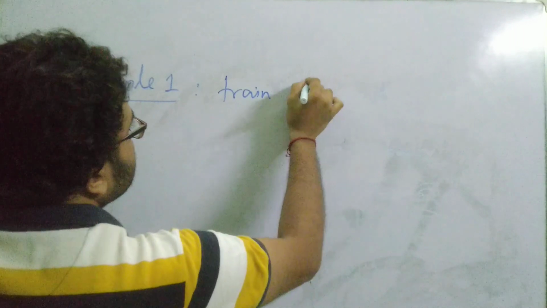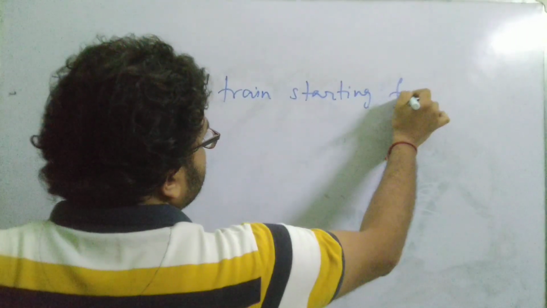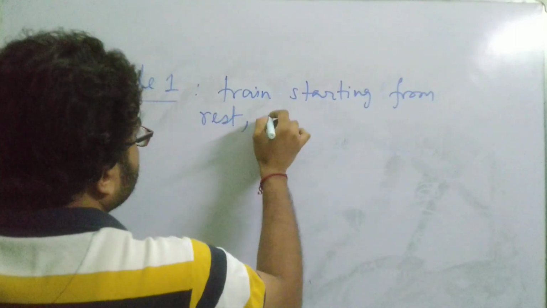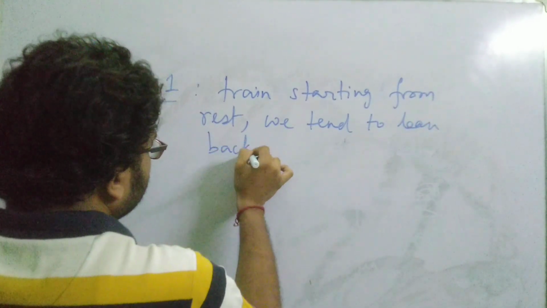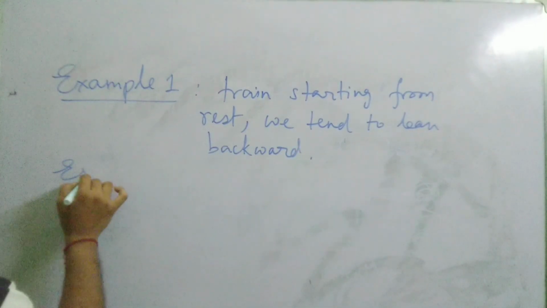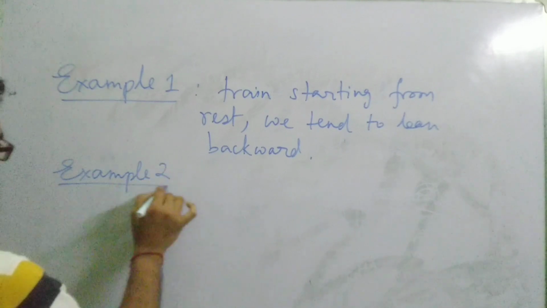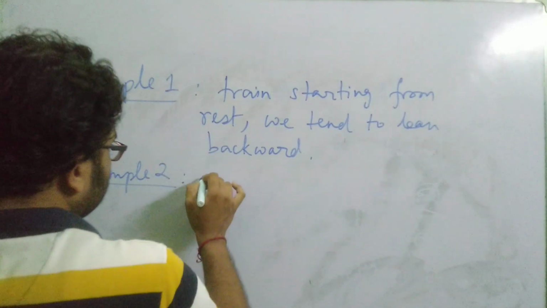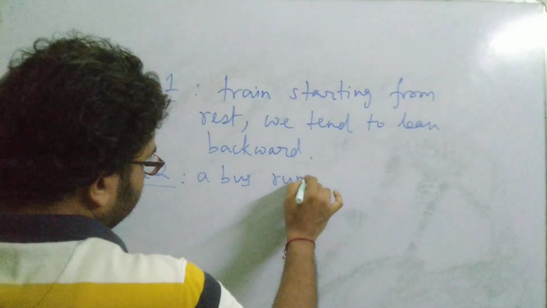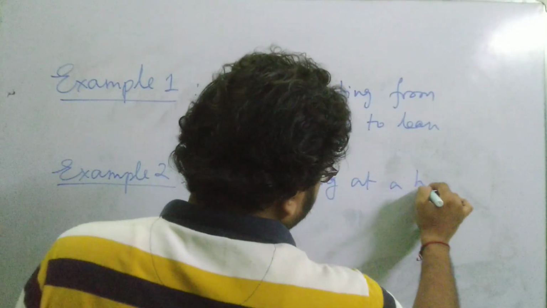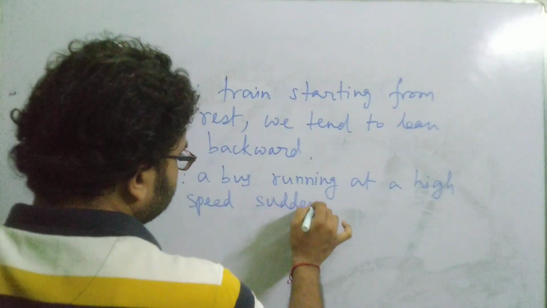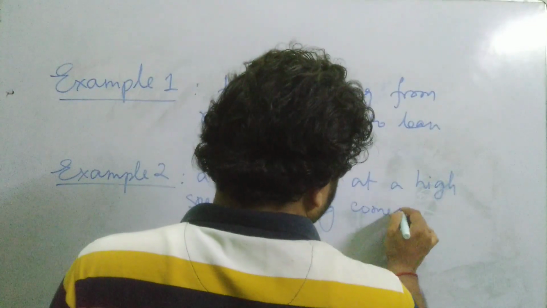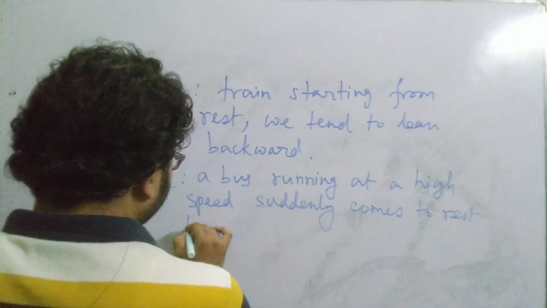So we have discussed one example of a train starting from rest, where we tend to lean backward, and the second example that we discussed is where a bus running at a high speed suddenly comes to rest by braking.